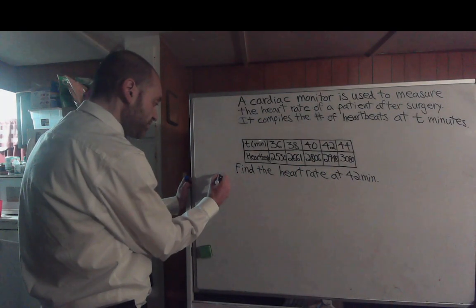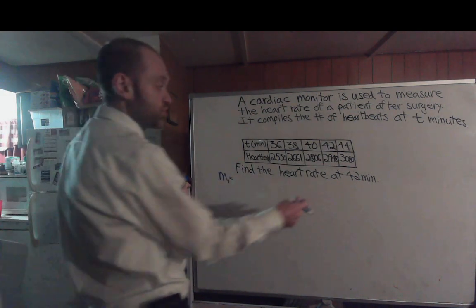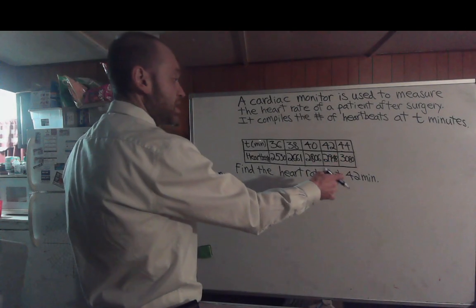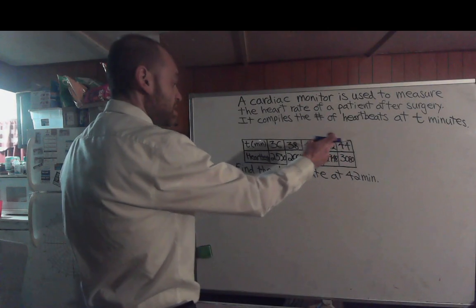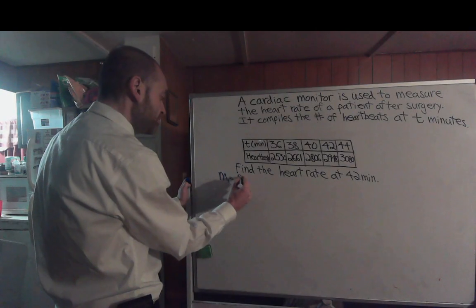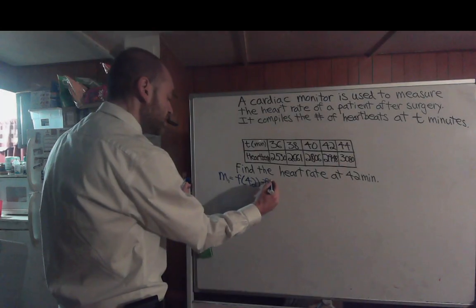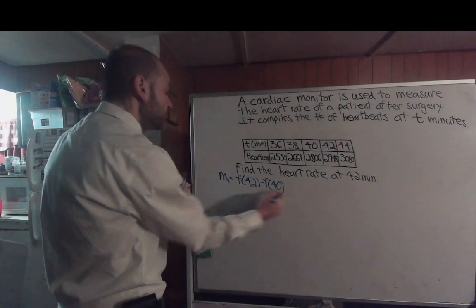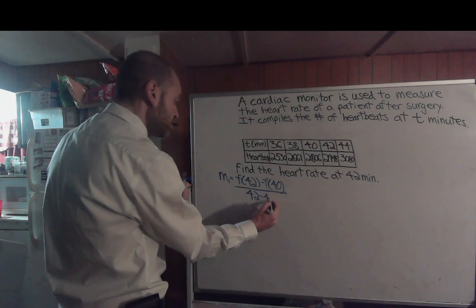So if we want to find the slope of the first secant line, or the first average heart rate, we should probably take from time 42 to 40, so that would be f of 42 minus f of 40 divided by 42 minus 40 itself.